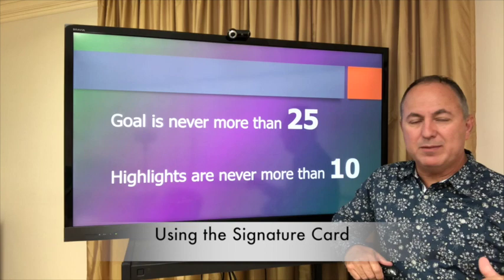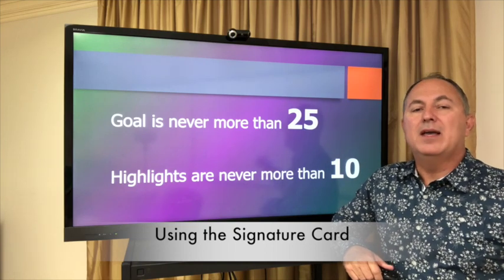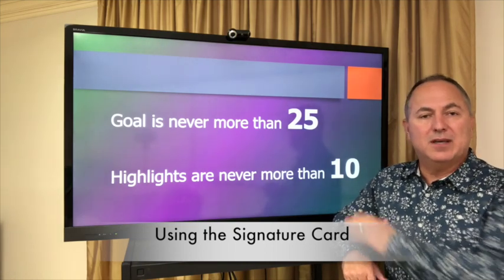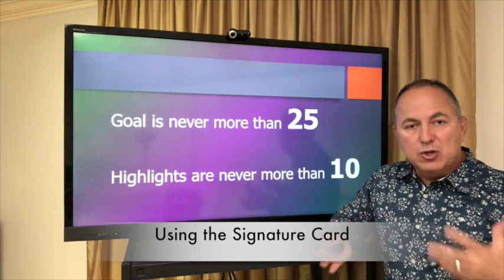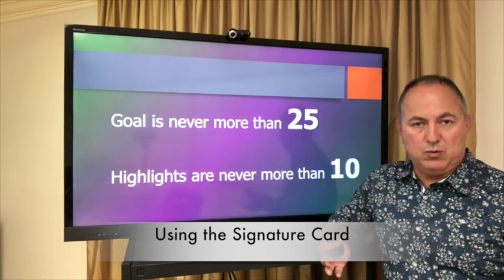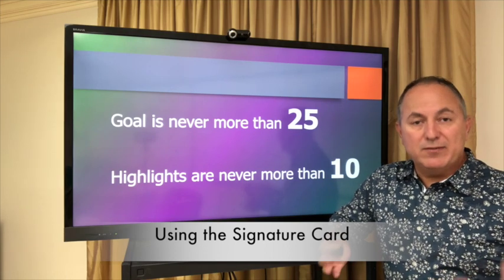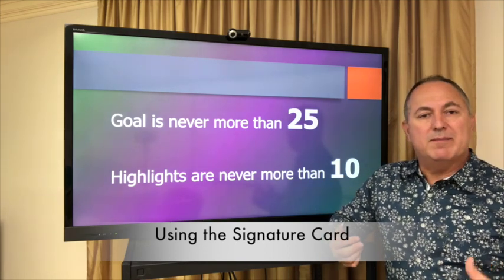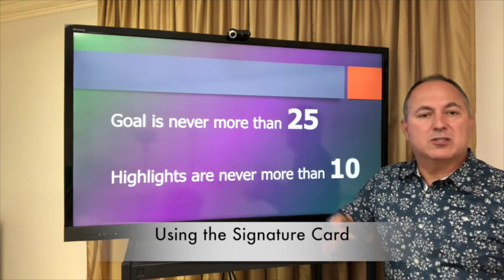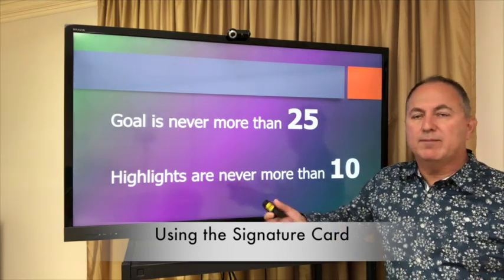So there's always a cap of 25 for a goal and 10 for highlights. Again, we want to make it reasonable and achievable for the youth to work towards, rather than make the numbers so high that they just give up and won't even try.